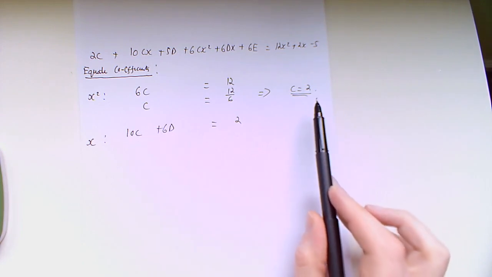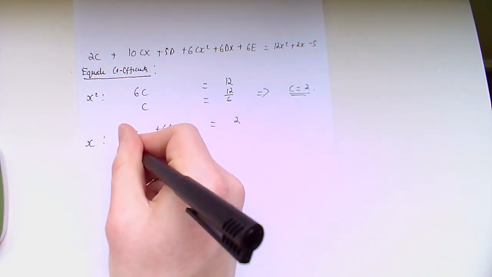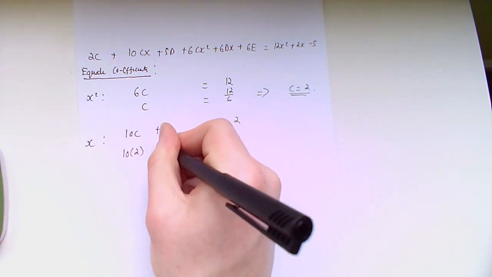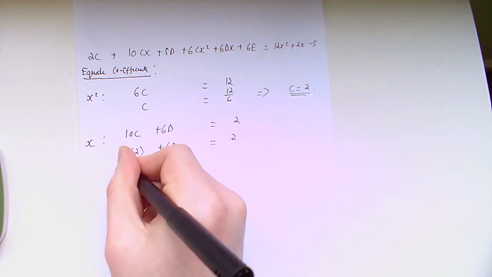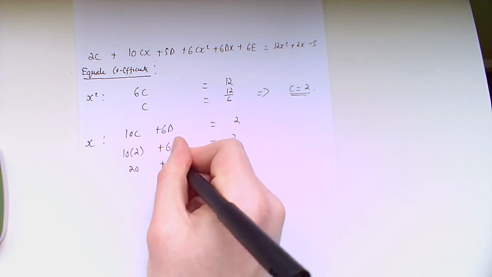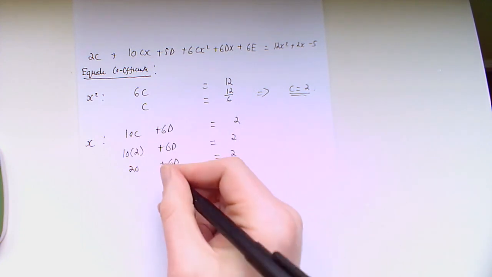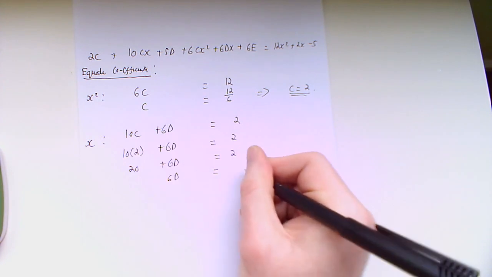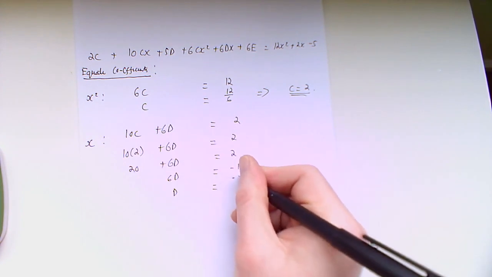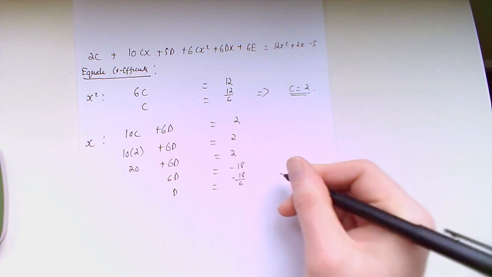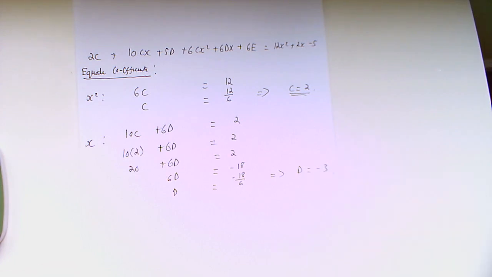But I know the first thing that I've worked out is that c is equal to 2. So 10 times 2 plus 6d equals 2. So 20 plus 6d is equal to 2. We take the 20 across, and obviously that becomes a subtract. So we've just got to divide by 6. So again, that tells me that d is equal to negative 3.